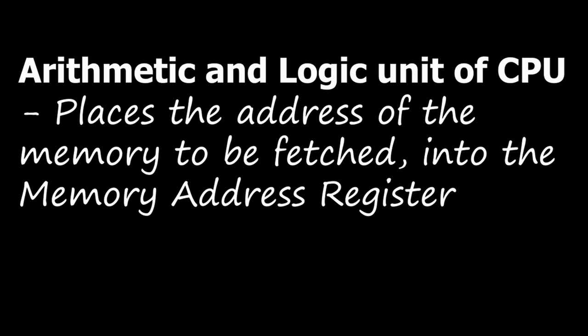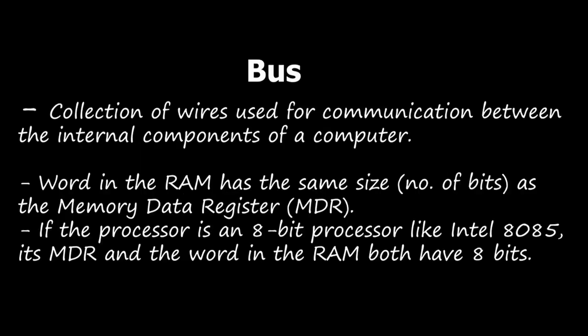Here the arithmetic and logic unit of the CPU will place the address of what we have to fetch, that is, what we have to get, into the memory address register. Then the bus. A bus is a collection of wires. In computer applications, we say the bus is a collection of wires used to communicate between the internal components of the computer.